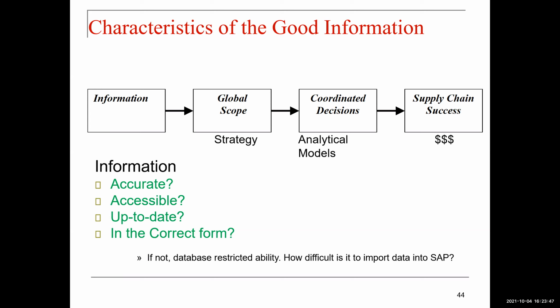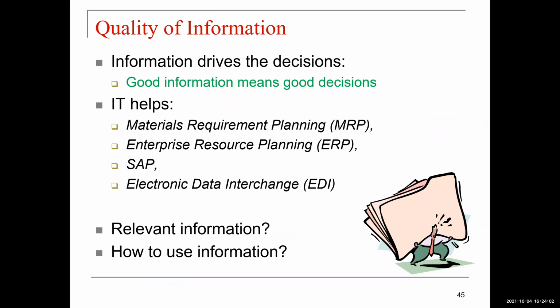If not, database compatibility. How difficult is it to import data into SAP? So if you don't have the information in the right format, then you cannot pass that information to your tools. Quality of information: information drives the decision. Good information means good decisions. The less information you have, the more uncertainty you might end up with in your process.